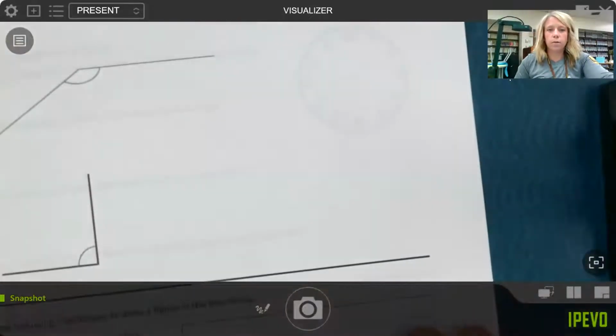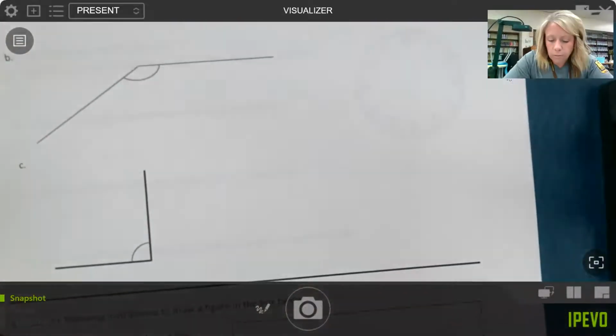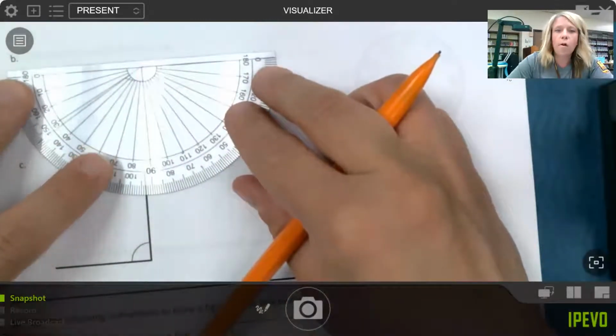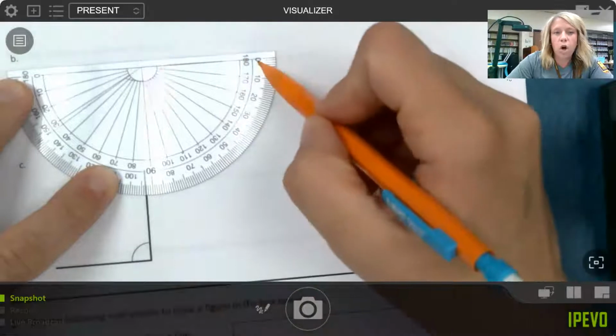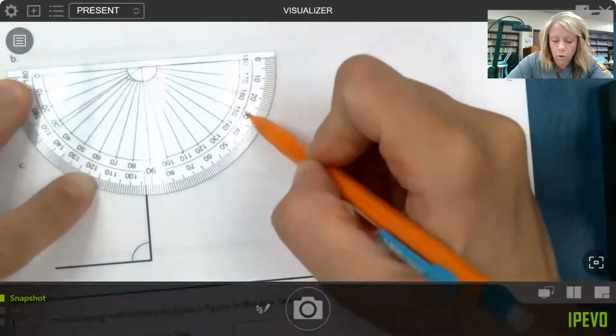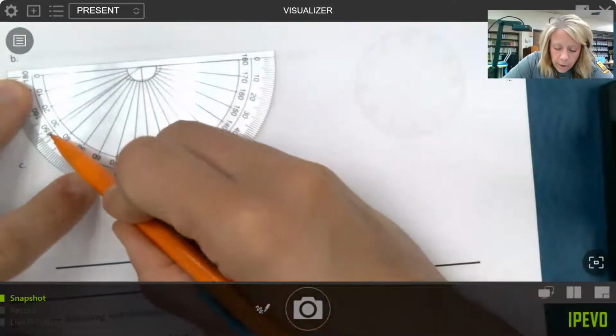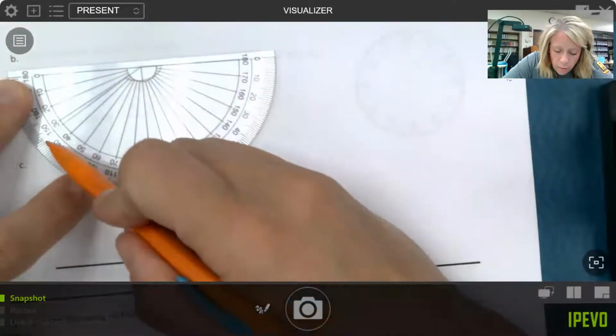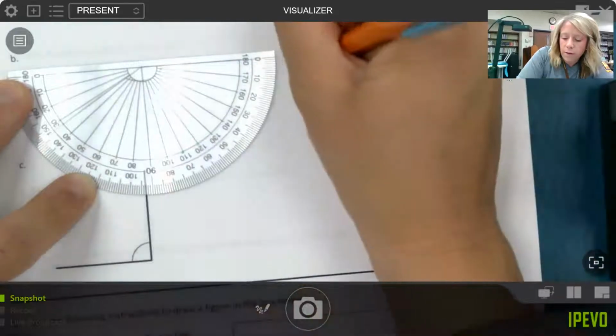Okay, still measuring. So for this one, I'm going to flip this upside down using my top numbers and going the whole way around. This one's about 145, 146, 147 degrees.